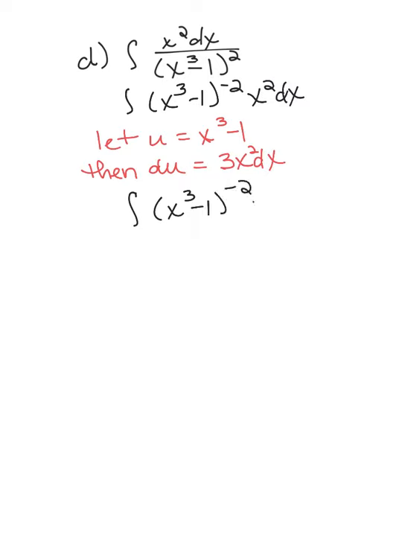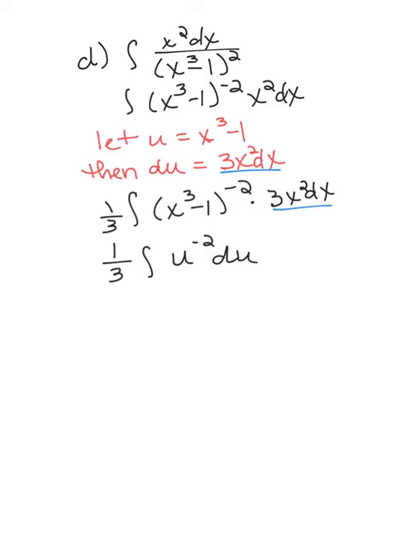We have to now force in a 3 and then have our x squared dx, which we must offset with a 1/3 out front. Now our derivative portion matches what it should be. So we're ready to substitute. We're going to keep the 1/3 out front. We're going to replace the inside with the u to the -2, and then 3x squared dx. The entire thing equals du and gets replaced by that.